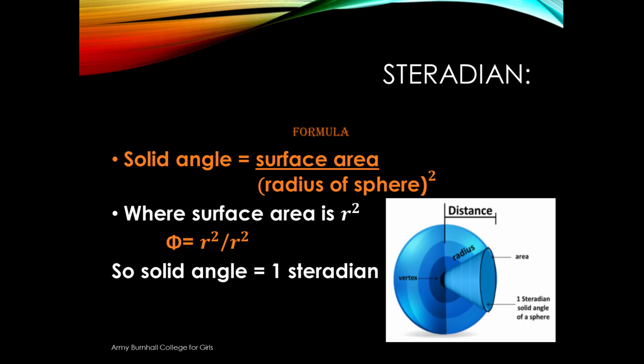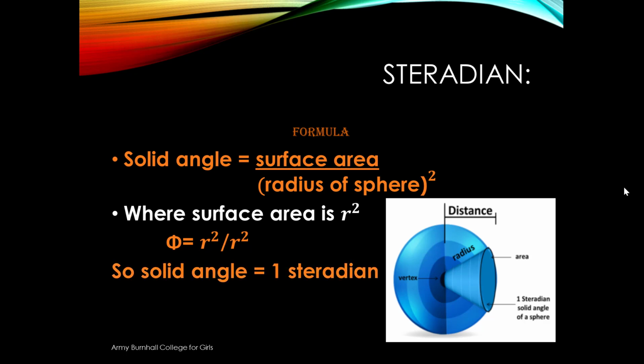So we can say that the solid angle is r square divided by r square, because by the definition of steradian we have considered surface area equal to r square, and we are going to divide by radius of the sphere square. Solid angle will be equal to 1 steradian over here by the definition of steradian.